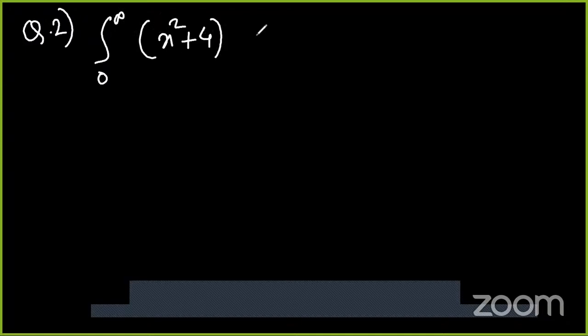So let's go for fraction 2. So what was fraction 2 in total? Let's take 0 to infinity x square plus 4 e raised to minus 2x square dx. Okay, such a question.